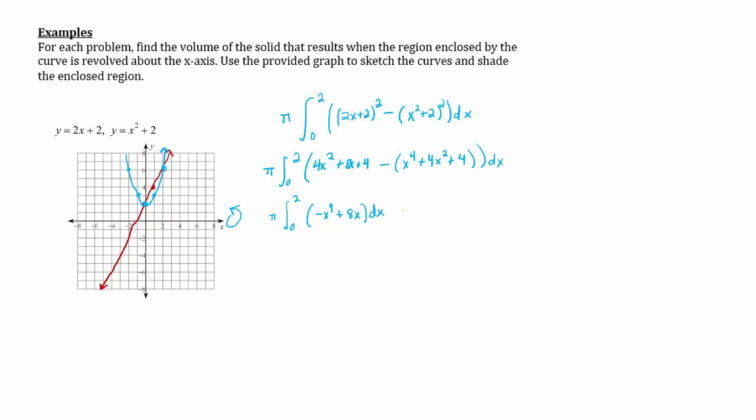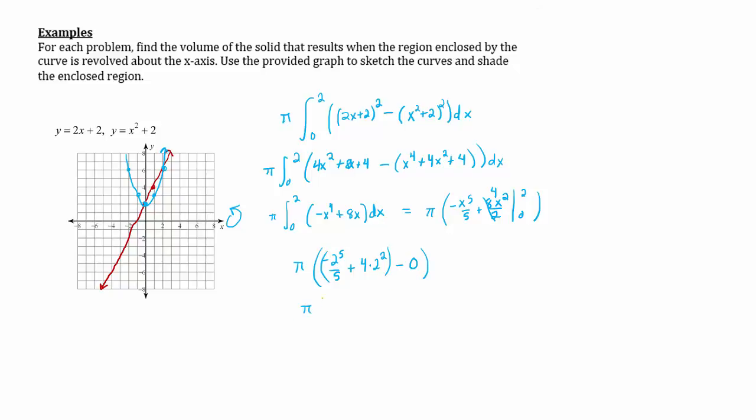So this is all we have to integrate. So we'll power rule this, negative x to the 5th over 5 plus 8x squared over 2, which would really be 4x squared. We're going to plug in 2 and 0. So negative 2 to the 5th over 5 plus 4 times 2 squared minus 0 for the second part.